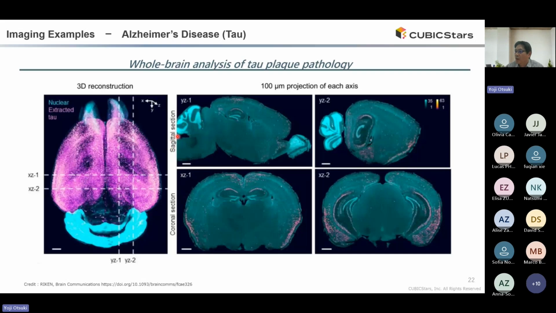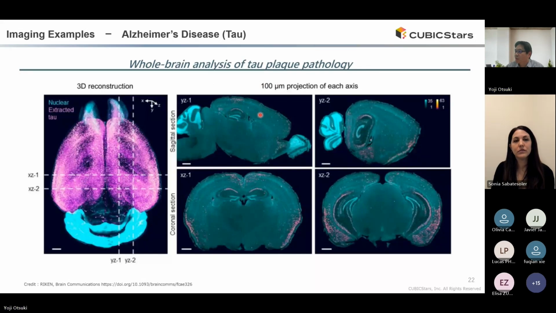So in this case, the researcher successfully stained the whole brain with tau antibody. And that's a very famous tau antibody named 88. But the 88 is also known as one of the very difficult antibodies to stain 3D volume tissues such as the whole brain.